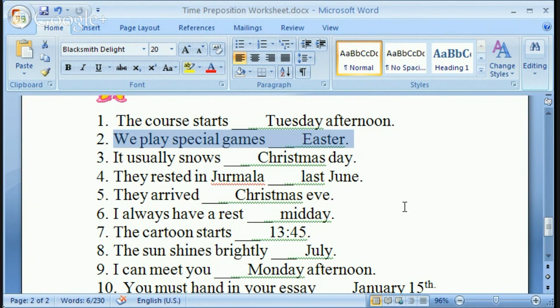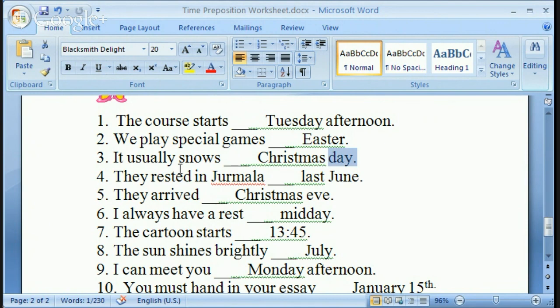All right, like number 3 here, for example, Max. It usually shows at Christmas Day. No, always on for day. On, oh yeah, on. Okay.